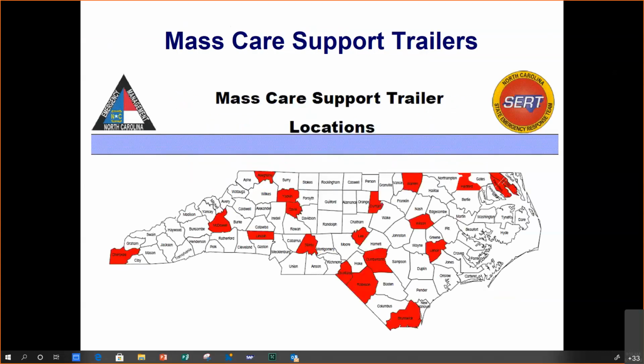The mass care support trailers, the ones marked in red is where they're located throughout the state. We actually have one in our area, county. They basically have everything that's generally needed for a general pop or evacuation shelter.